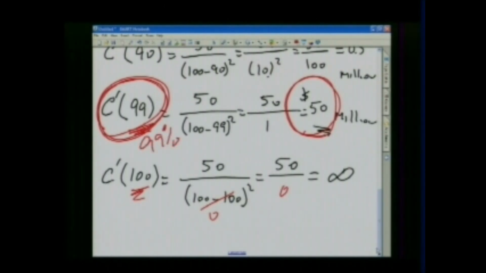But if you want to go from 99% clean to 100% clean, the extra cost would be from 50 to infinity. So basically, this formula would suggest there is no way, no matter how much you spend, that you can get the water 100% clean or 100% pure.